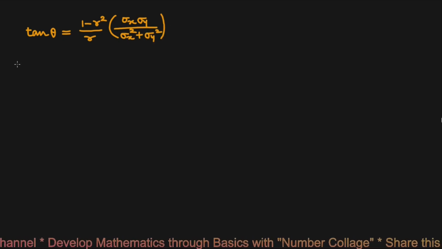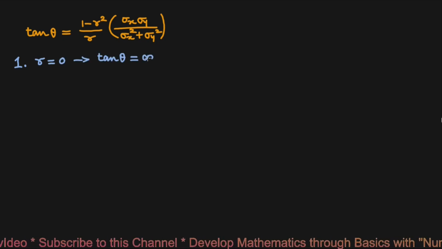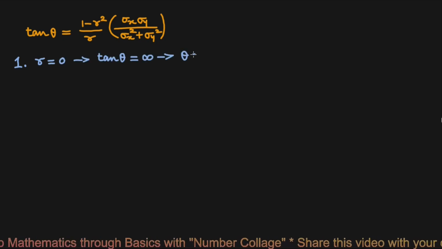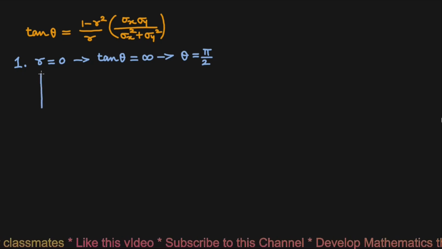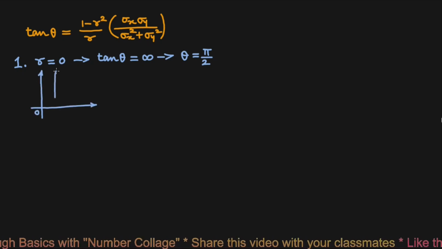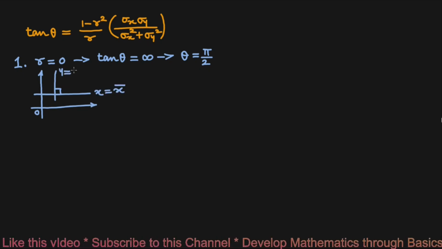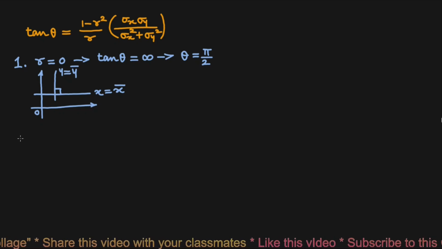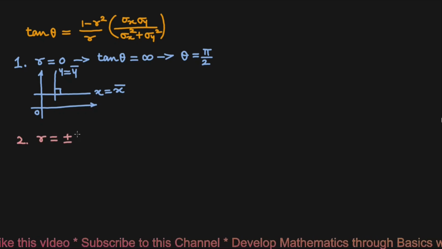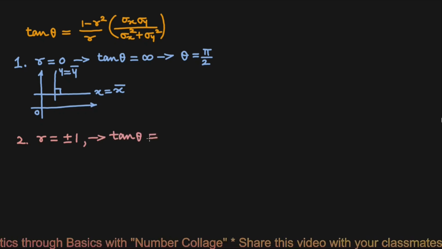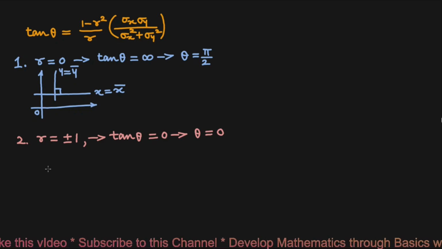In the first case, if r is 0, tan theta will be infinity, therefore theta will be pi by 2 radians, and in this case the lines of regression are perpendicular to each other, x equals x bar and y equals y bar. Second interpretation is, if r equals plus or minus 1, tan theta will be 0, which means theta will be 0 and the lines will be coincident.